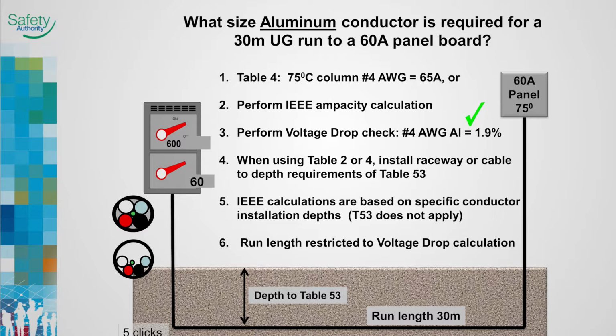A voltage drop check determined that there was only a 1.9% voltage drop. The depth must meet Table 53 requirements. If you use the IEEE method, Table 53 does not apply. The length of the run cannot exceed the voltage drop requirements.